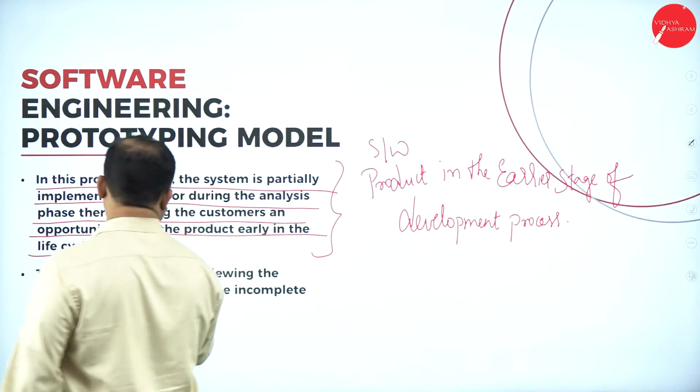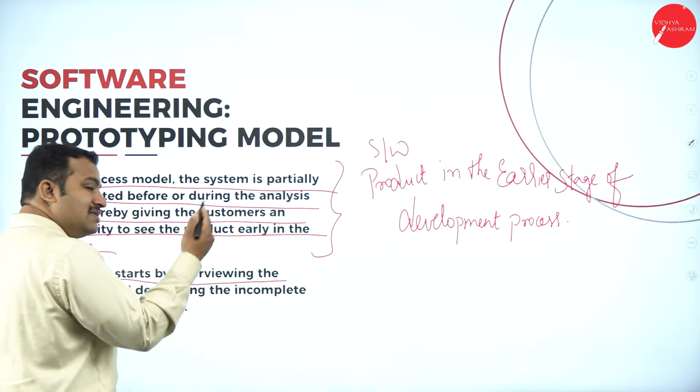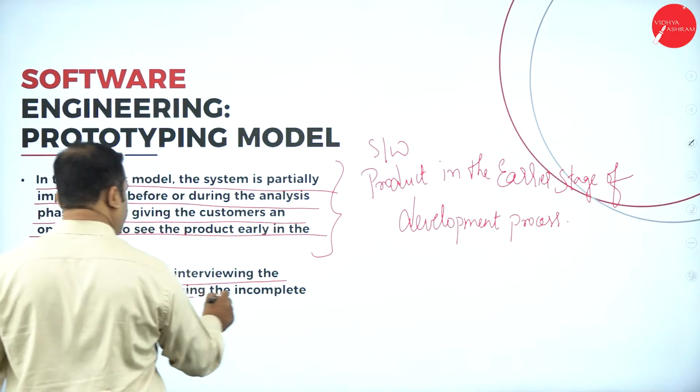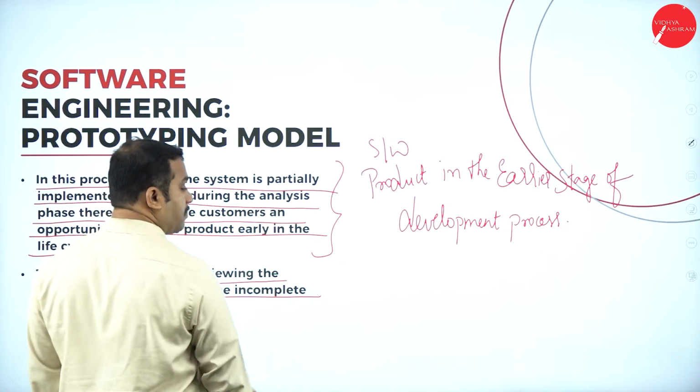This process starts by interviewing the customers, the elicitation process, and developing the incomplete eye-level paper model.